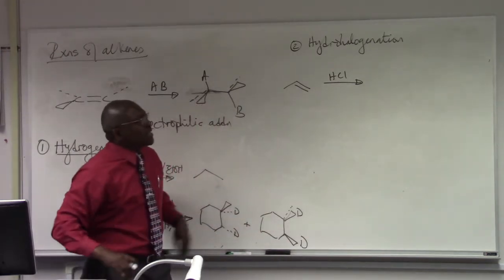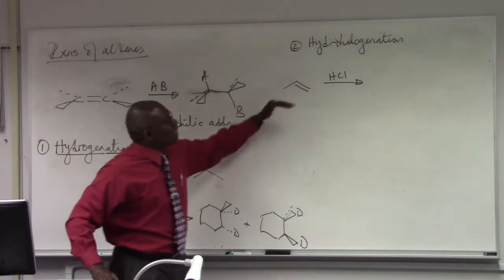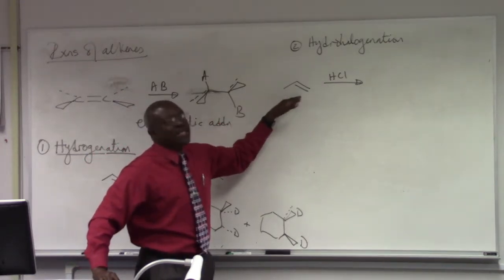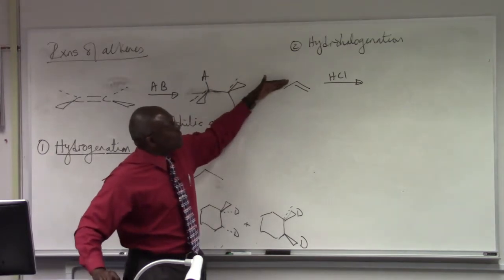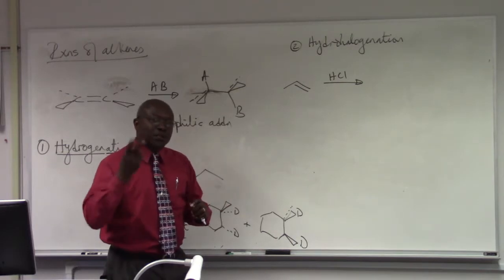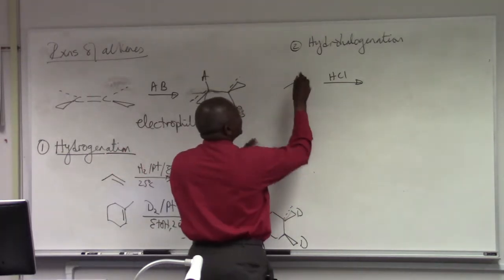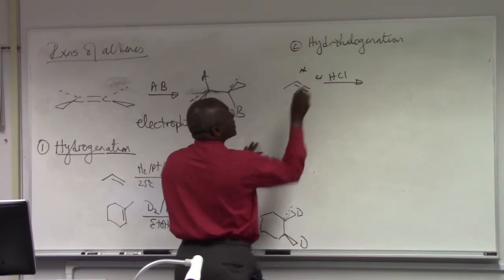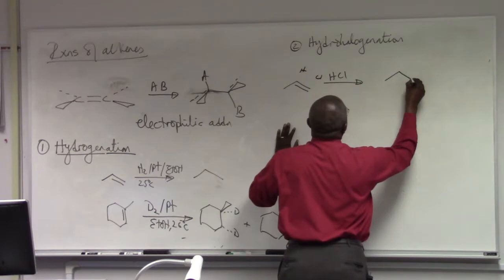Well, the thing that immediately pops up is that this alkene is unsymmetrical. I've got a methyl on one side, no methyl on the other. So technically, there are two ways I can add the HCl. I can either add the H here and the Cl here, which would give rise to this product.